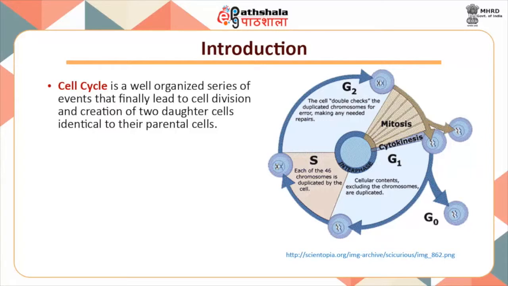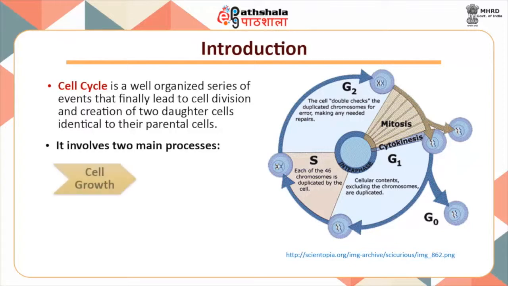Growth and reproduction are characteristics of cells. All cells reproduce by dividing into two, with each parental cell giving rise to two daughter cells each time they divide. The cell cycle mainly involves two processes: number 1, cell growth, and number 2, cell division.